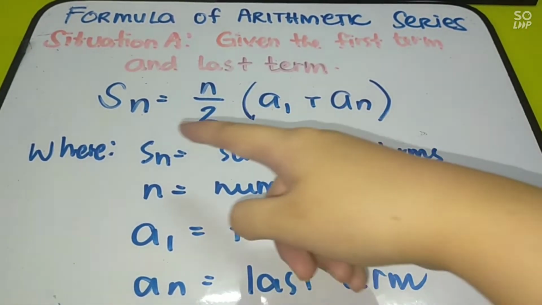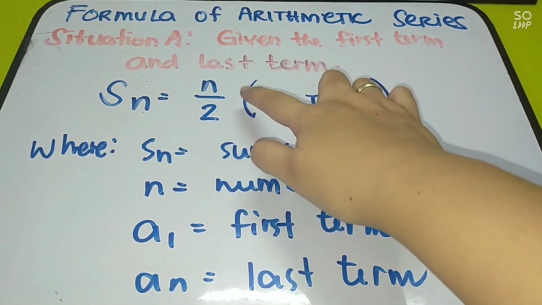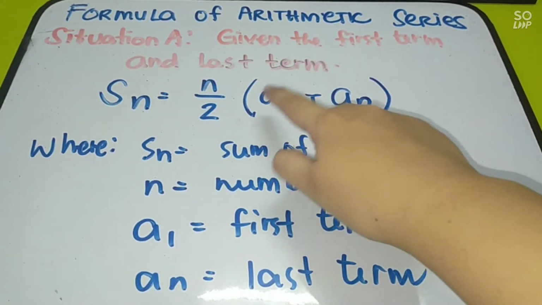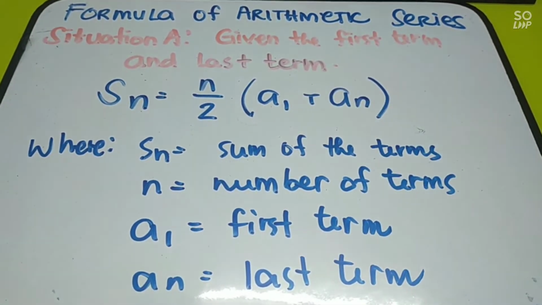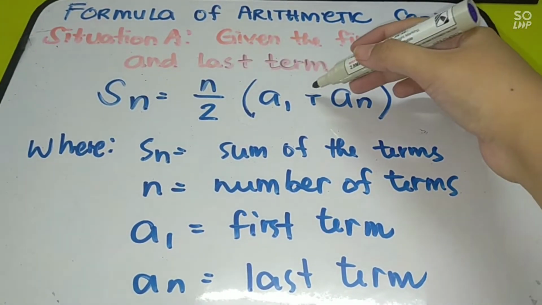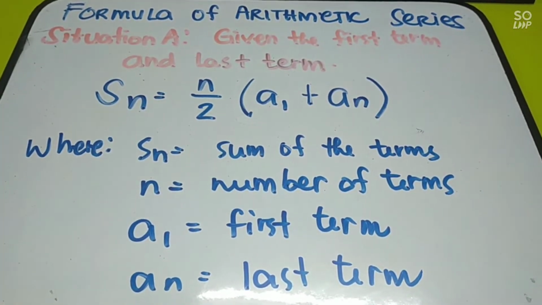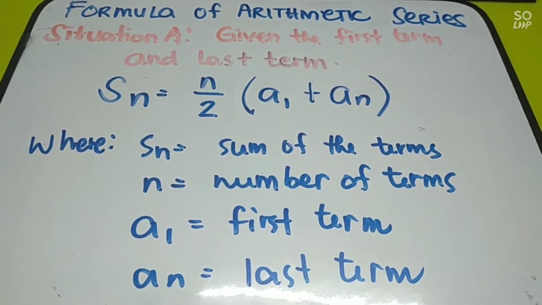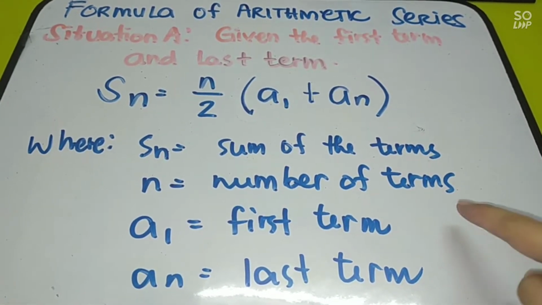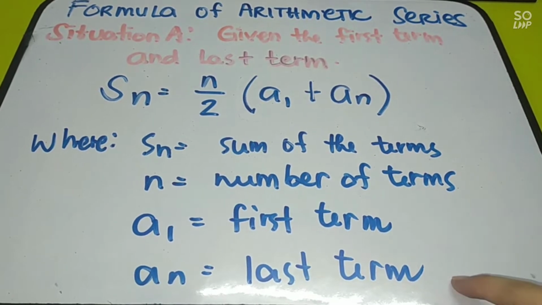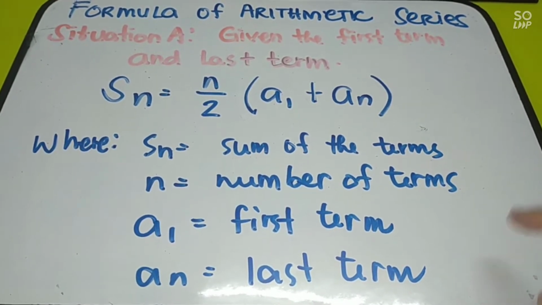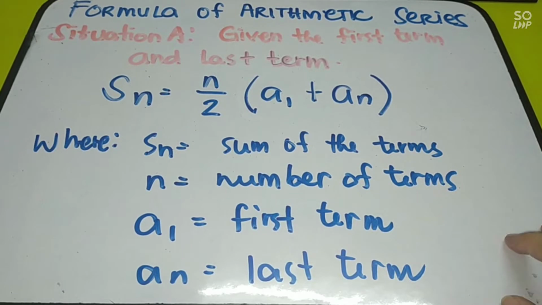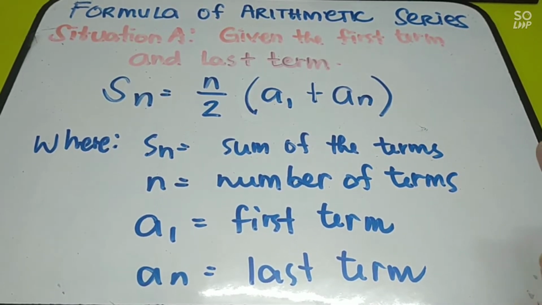Your formula here is S sub n is equal to n over 2 multiplied by a sub 1 plus a sub n, where S sub n is the sum of the terms, n is the number of terms, a sub 1 is the first term, and a sub n is the last term. This is situation A, when your given has a first term and a last term.